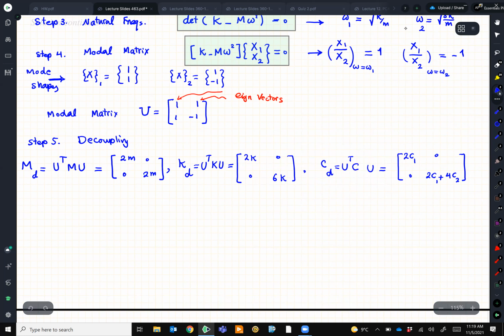Okay, so now good news. The matrices are all diagonal: diagonal, diagonal, and diagonal. And why is it good? Because when we write the equations, they are independent. So step number 6, the principal coordinates.